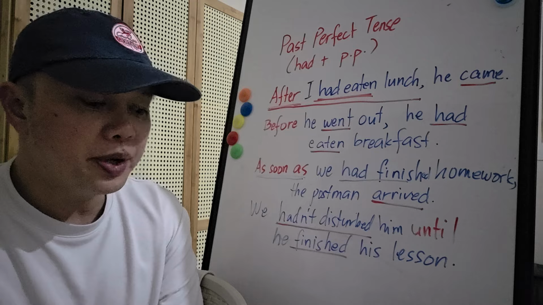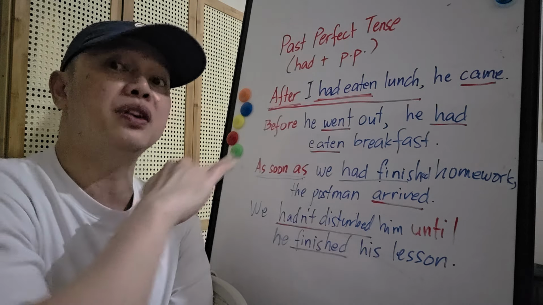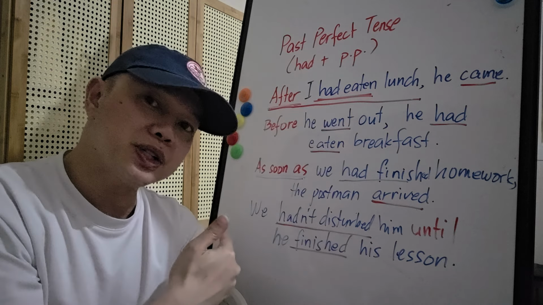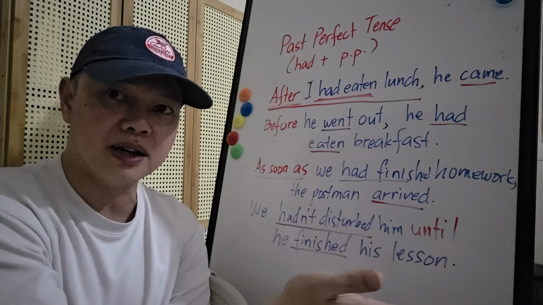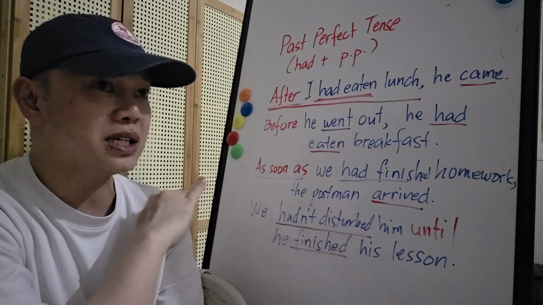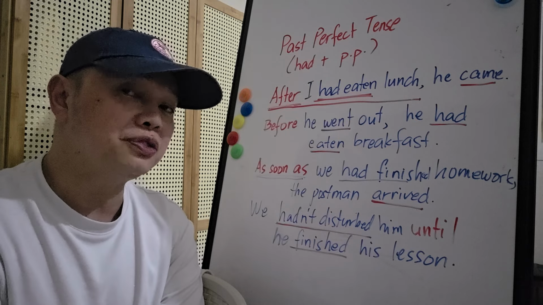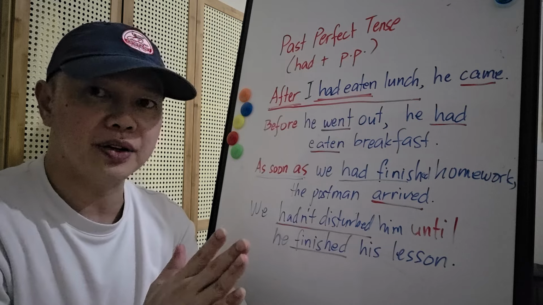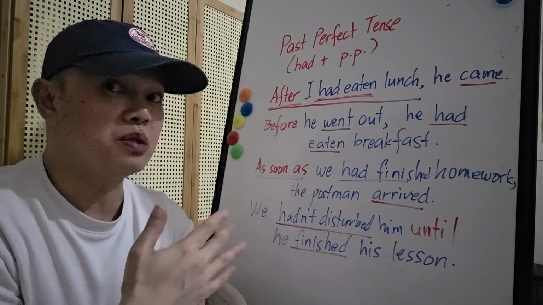Now the point is, if you are going to construct sentences in order of occurrence, meaning you mention the first action first, and the second action second, then your use of the past perfect is actually optional. Meaning you may use the past perfect, or you may not.